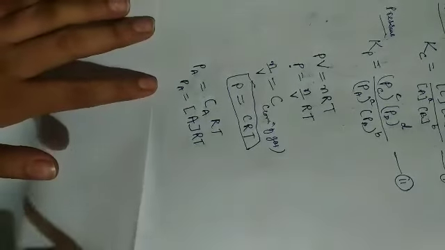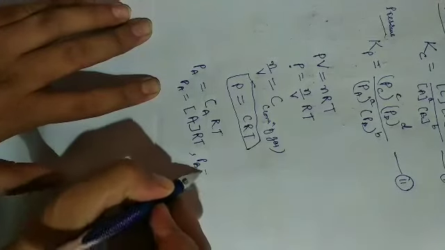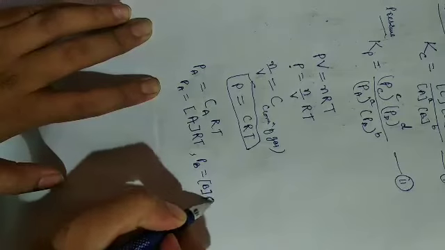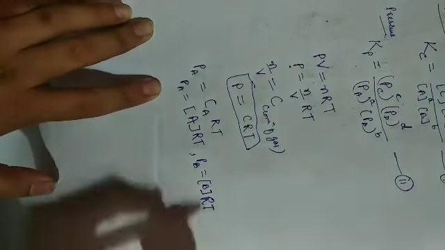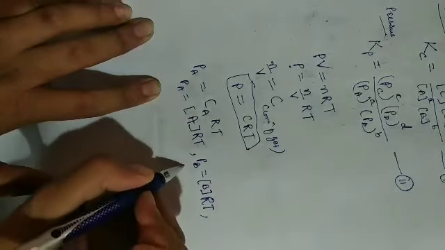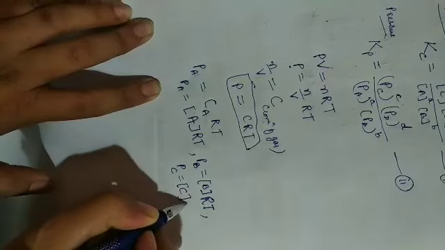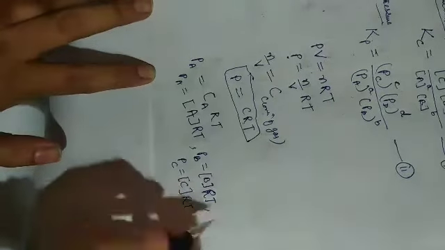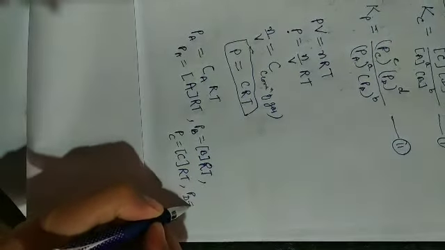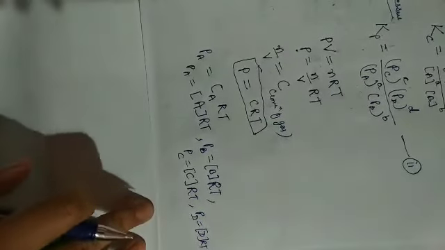Similarly, the partial pressure of gas B will be equal to the concentration of B into RT, where R and T are constants. Similarly, the partial pressure of C can be written as the concentration of C into RT, and the partial pressure of gas D can be written as the concentration of D into RT. These are the values of partial pressure.